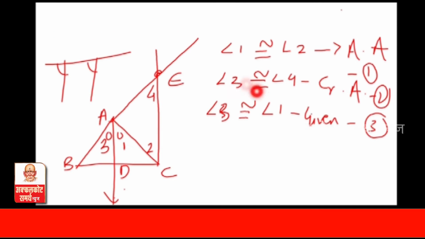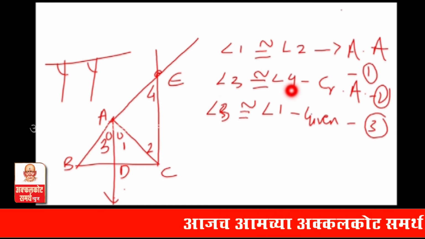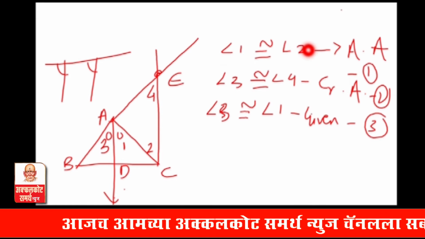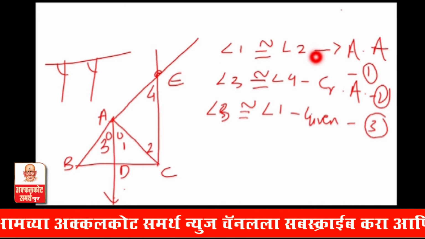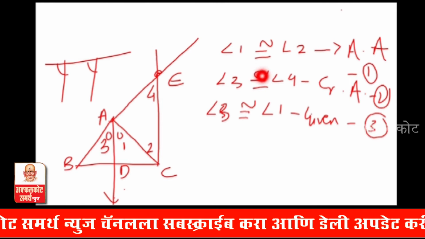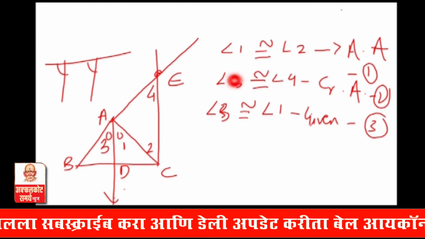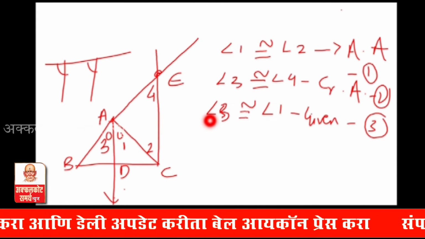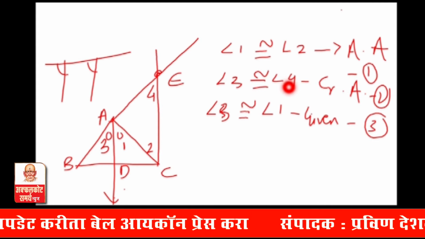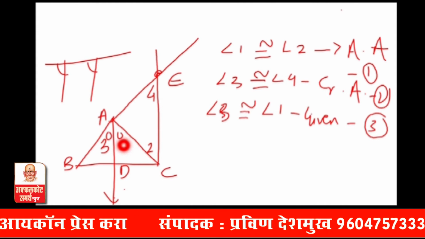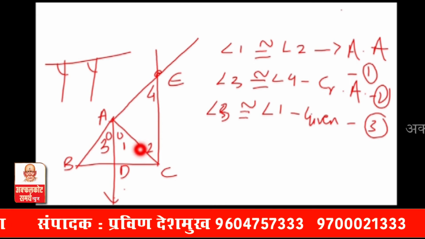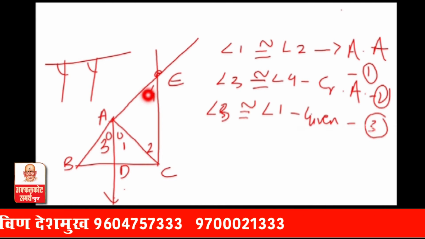Then see, equation 1 is telling 1 is congruent to 2, because alternate angles. Equation 3 is telling 1 is congruent to 3, and equation 2 is telling 3 is congruent with 4. Meaning this angle is congruent with this one, and this angle is congruent with this one.